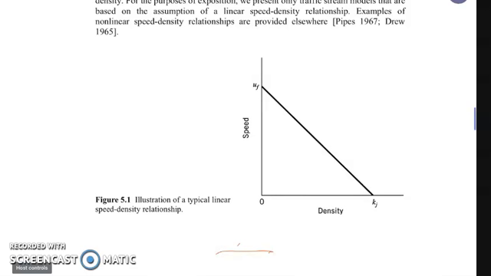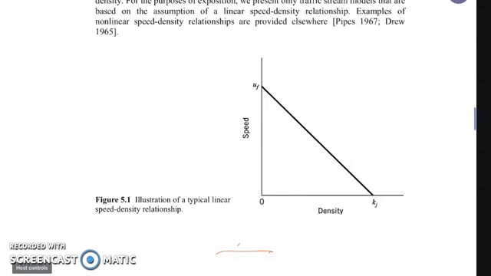It is important to take note that field studies have shown that the speed density relationship tends to be nonlinear at low densities and at high densities approaching jam density. So the overall speed density relationship is better represented by three relationships. Number one, a nonlinear relationship at low density, with speed slowly declining from the free flow value.